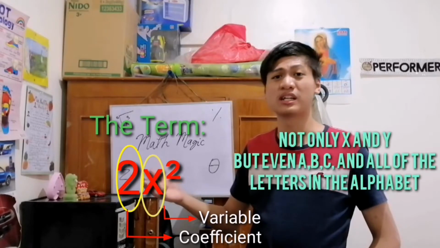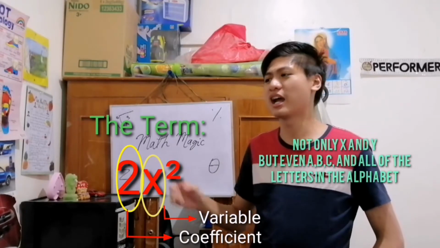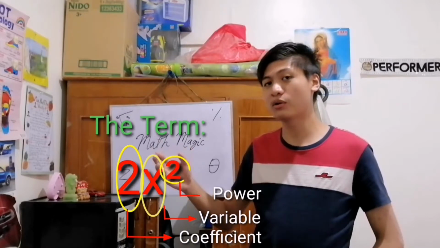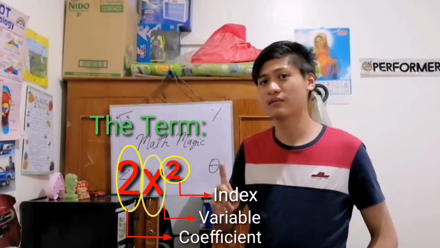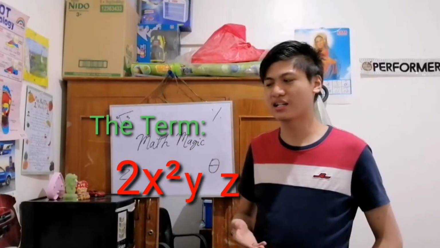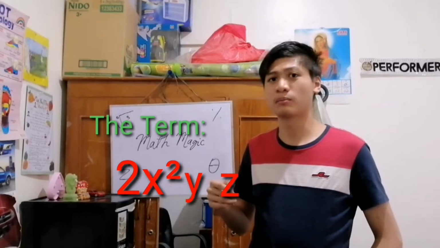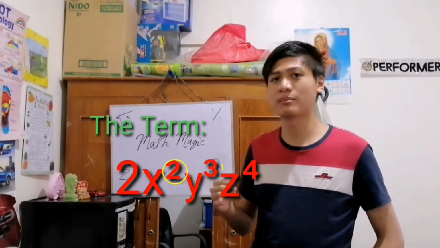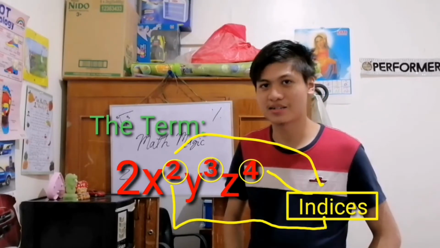They cannot be just only x and y, but even a, b, c, and all the letters in the alphabet. And then we have the power or the exponent, which we also call the index. If I have x, y, and z, and they're just one term, and they have also powers in the top right part, they are not called indexes, but they're called indices.